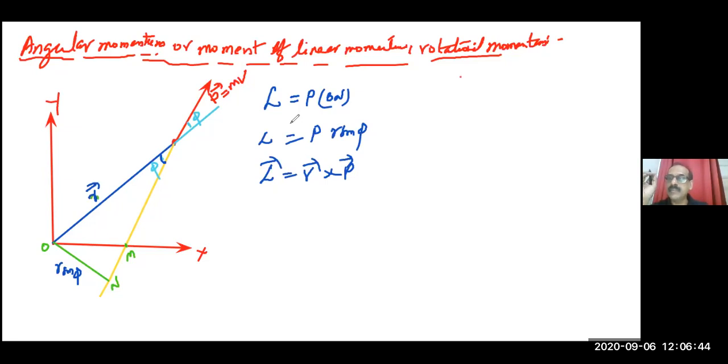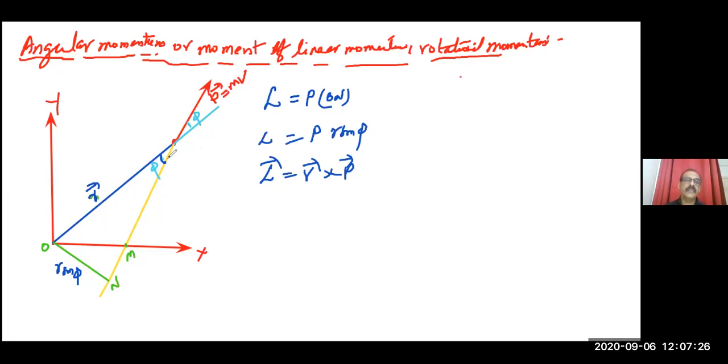Angular momentum, or moment of momentum, or rotational momentum can be defined as the product of linear momentum and perpendicular distance from a fixed point to the line of action of linear momentum.